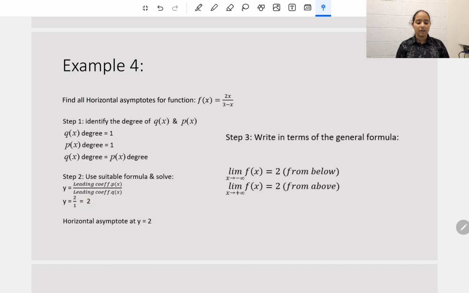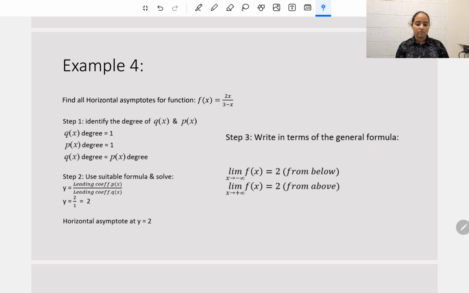Now let's write it in the general formula. The limit as x approaches negative infinity, f of x equals 2 from below. You can determine whether the function approaches from below or above by using test values. For example, we can substitute 100.